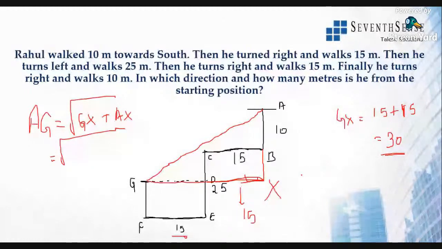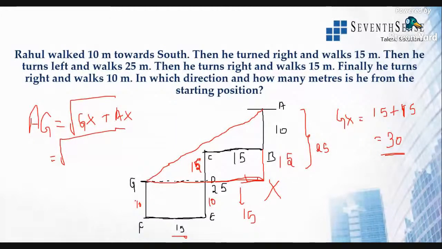Next, what are they asking? They are asking for AX. The last value here is 10. So this parallel value is 10. The remaining is 5 here because the total distance is 25. Sorry, this is 15. All right, this value will also be 15. Total value here is 25.